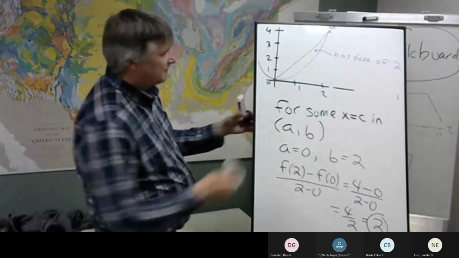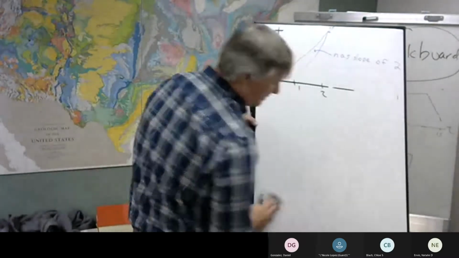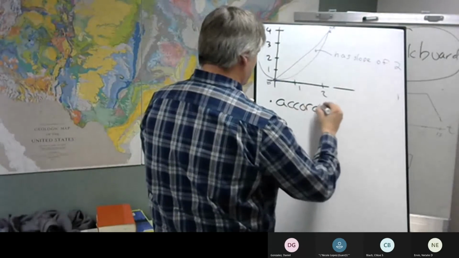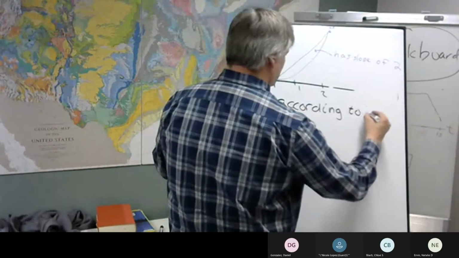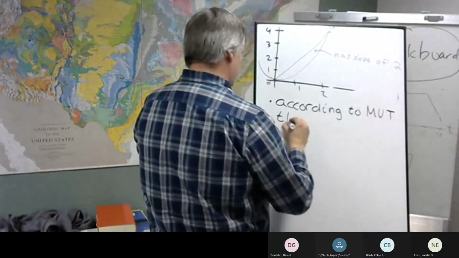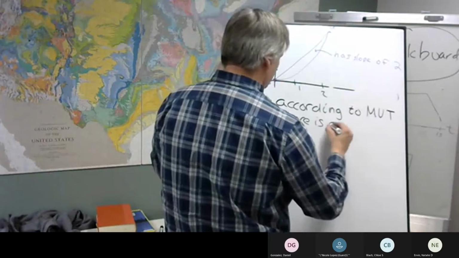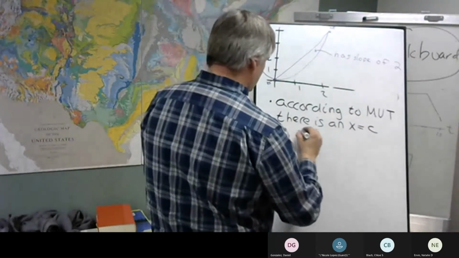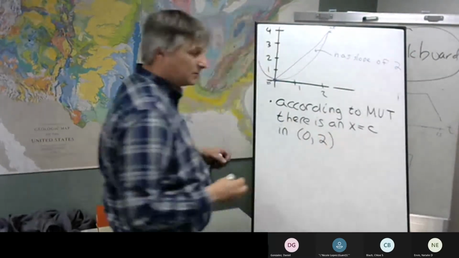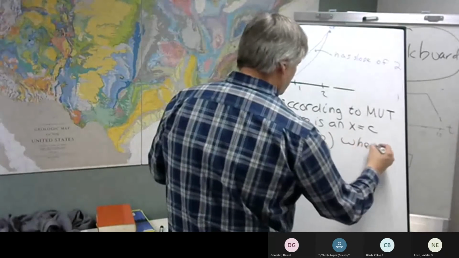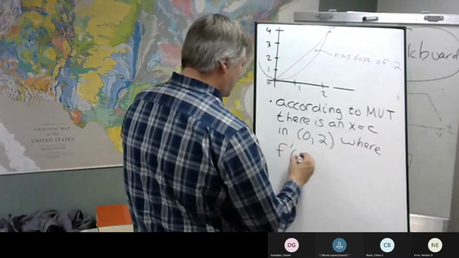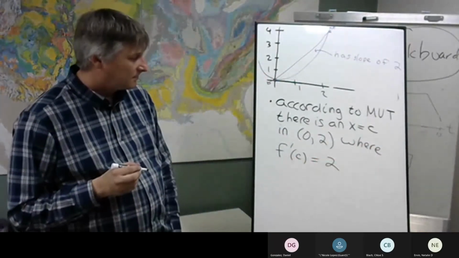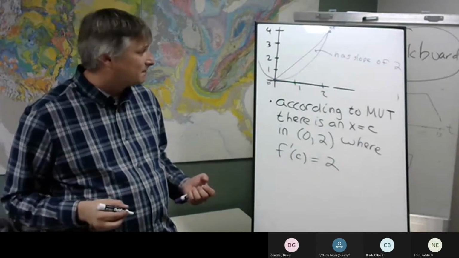So what we're going to claim is this. There's a tangent line, according to the mean value theorem, there's an x equals c in the open interval 0 and 2, where f prime of c also equals 2. So we have to find the c.